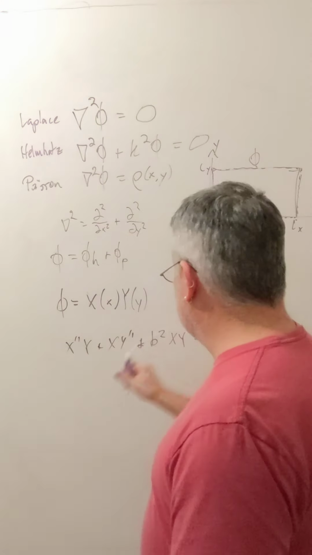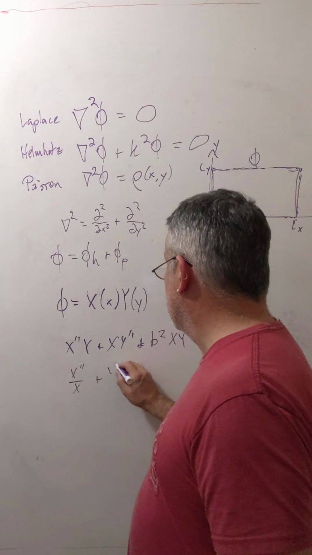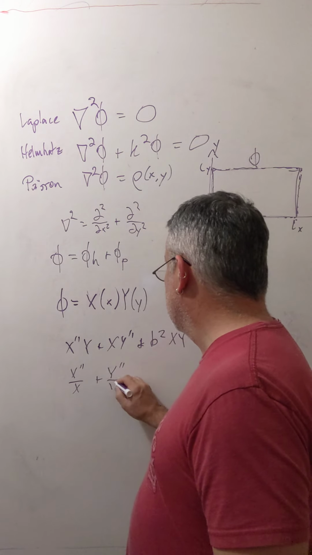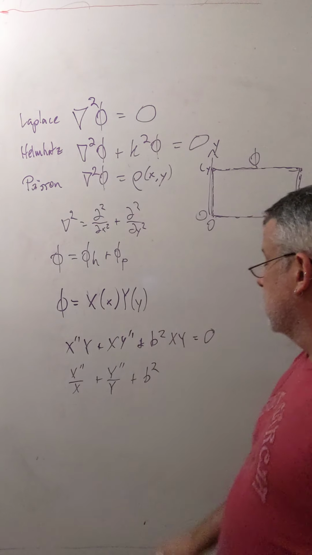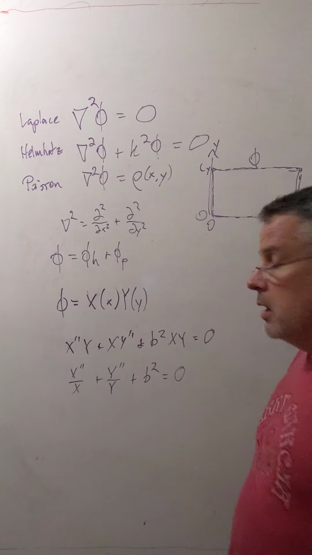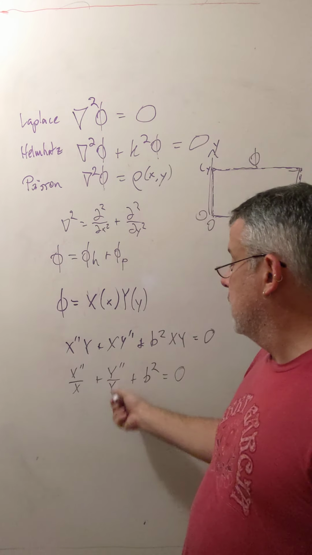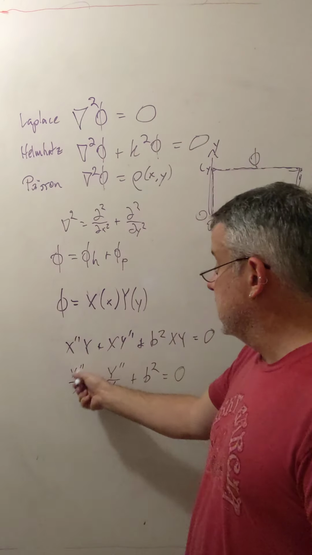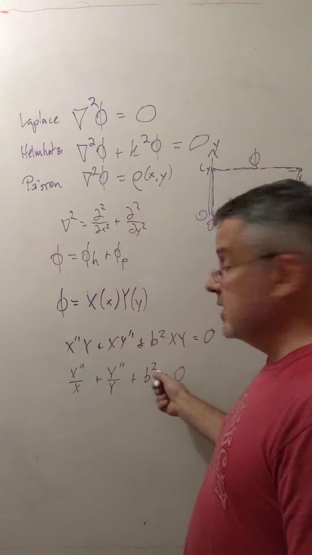Now I divide through by x times y, and I get x double prime over x plus y double prime over y plus b squared. Okay? We have exactly the same situation here. This term doesn't depend on y, and this term doesn't depend on x. So this can't be a function of x and still balance something that's a function of y. This is just a constant.